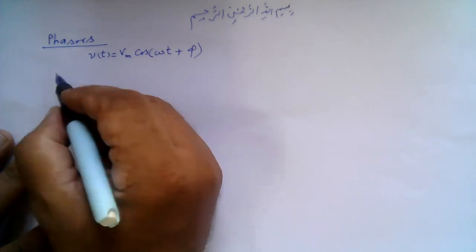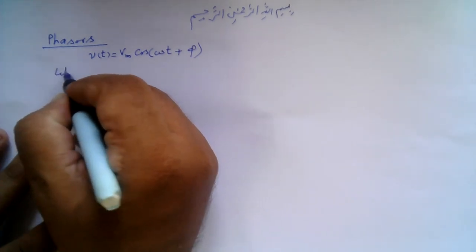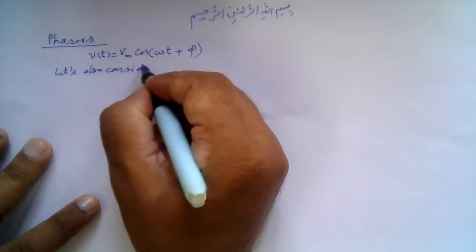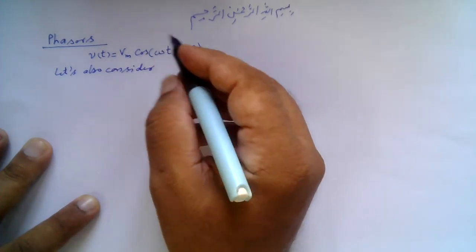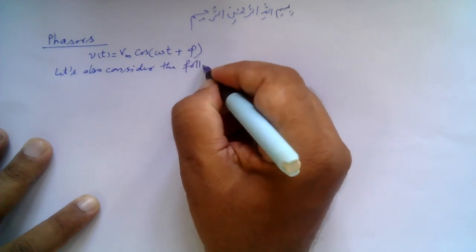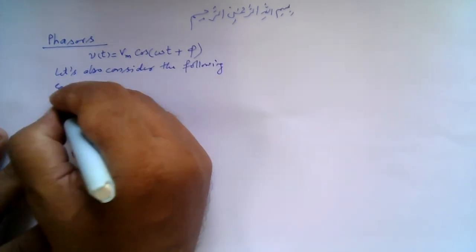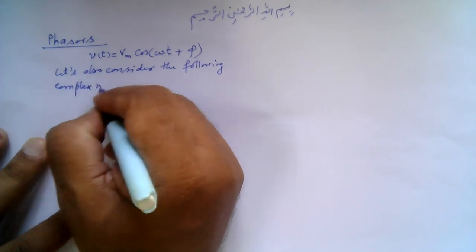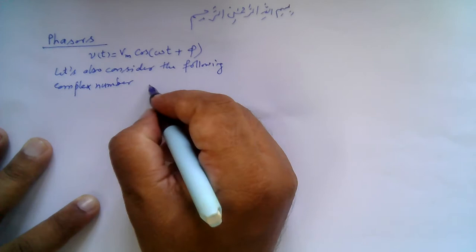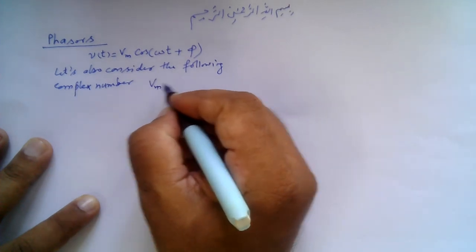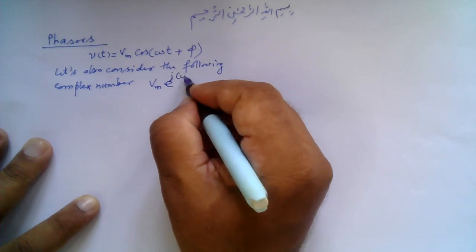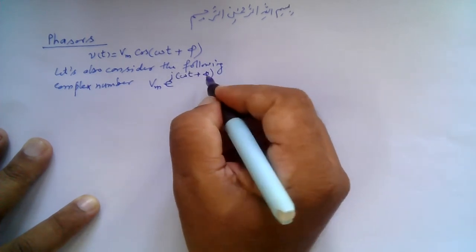So, let's also consider the following complex number, Vm e^(j(omega t plus phi)), right?